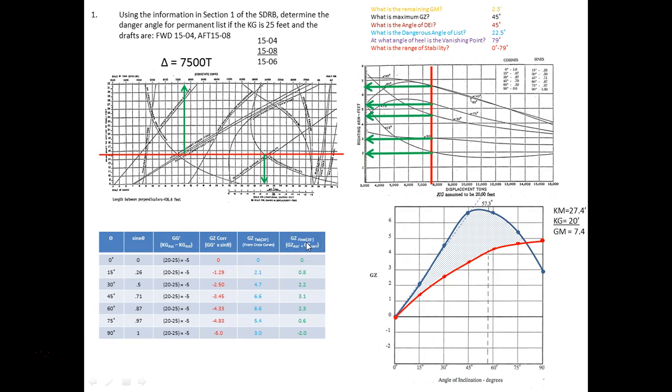And that column is called GZ final. Okay? So the GZ final, which in this case is for a vessel with a KG of 25 feet, is going to equal the GZ assumed, which was from the cross curves at 20 feet, plus the GZ correction. That's these guys. So when I take the GZ assumed, that's these numbers, and I add the GZ correction, which is a negative number in this case, I'm going to get these values.